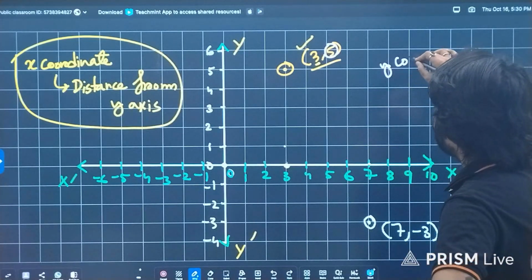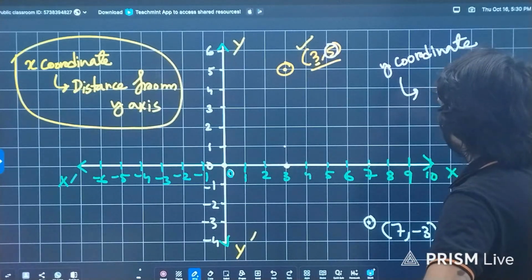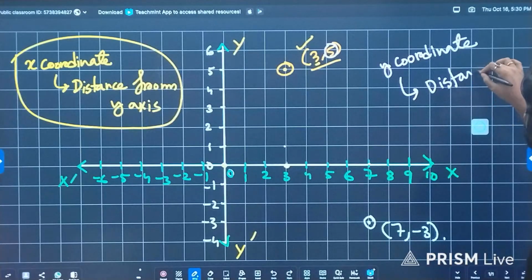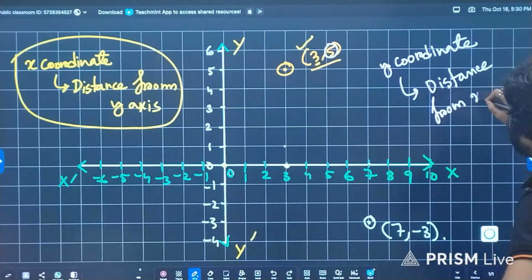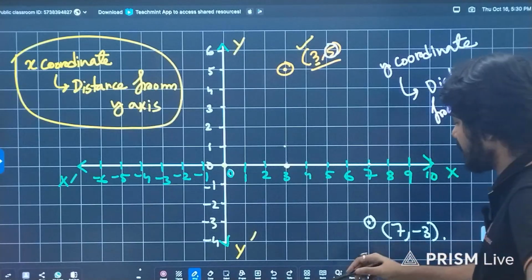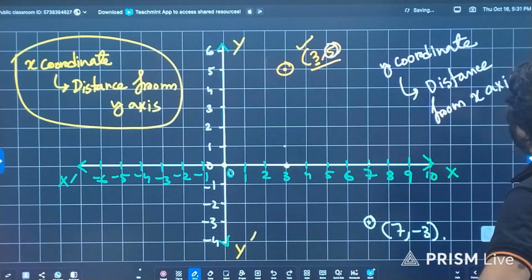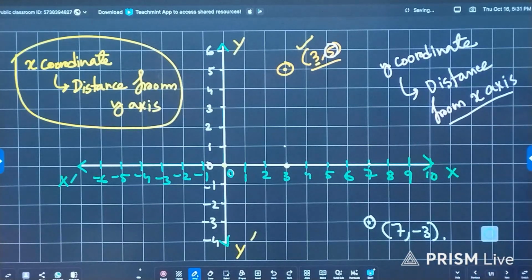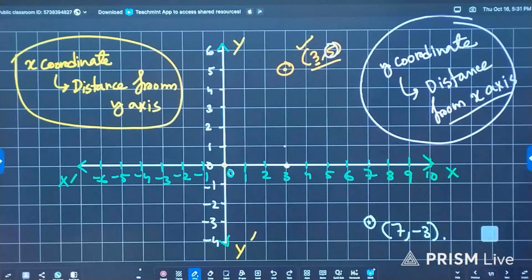Y coordinate simply means distance from x-axis. Is it clear with you? I hope this is very clear. You can note it down in your notebook, or you can also take a screenshot.